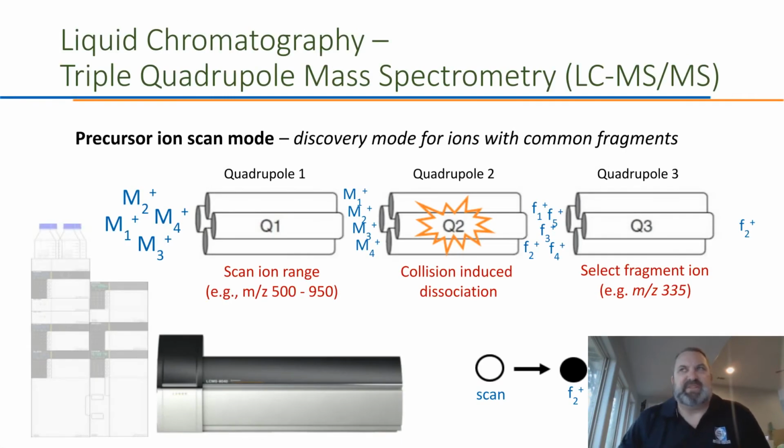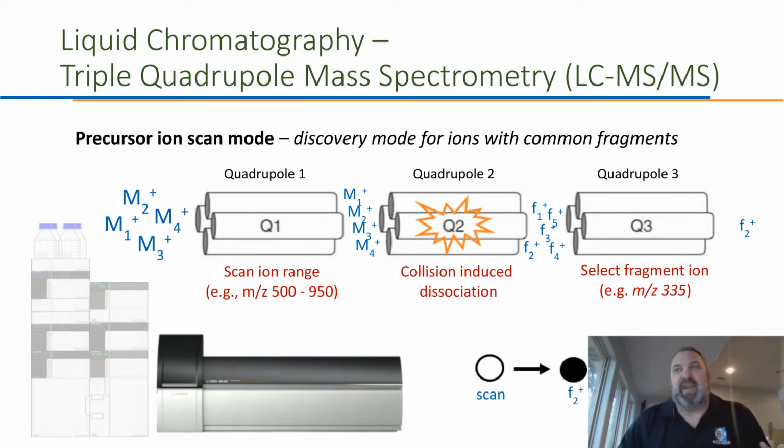One other approach that's used with these instruments that's really less utilized is what's called a precursor ion scan mode. And this is a bit different. This is used to discover molecules in the mixture that have common fragments. In the previous two, we told quadrupole 1 that we're only interested in one ion.